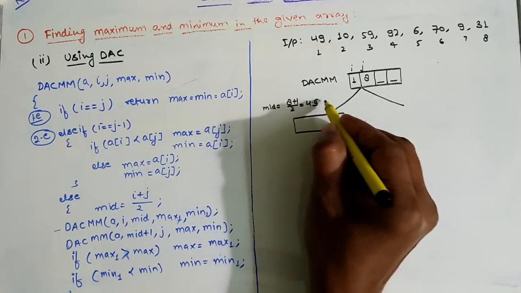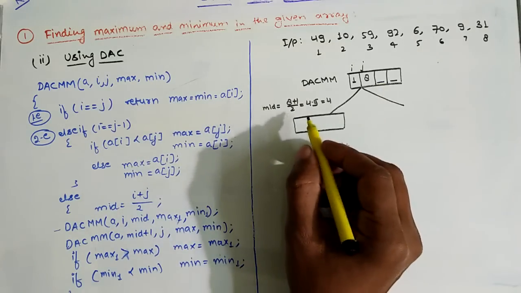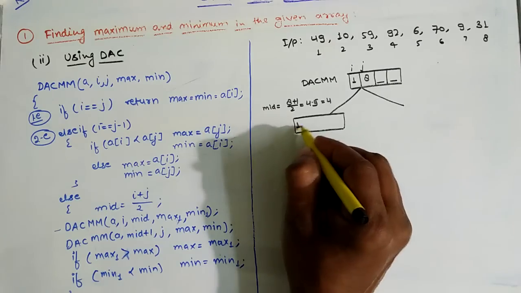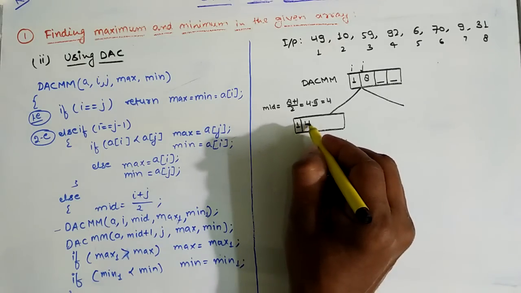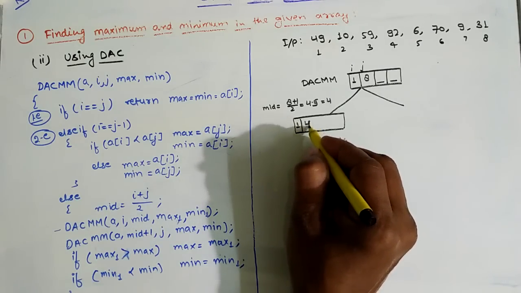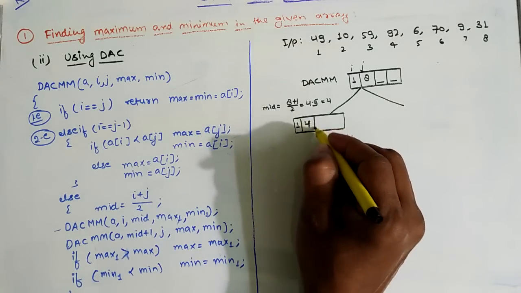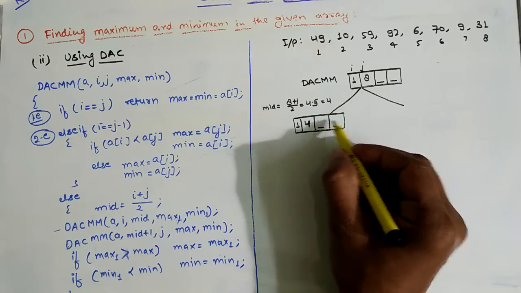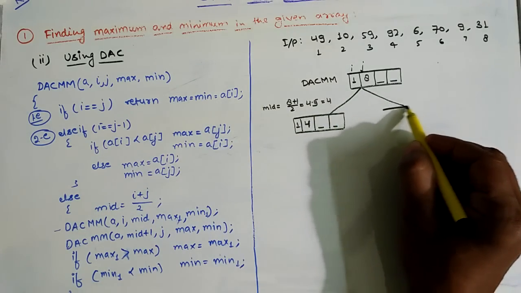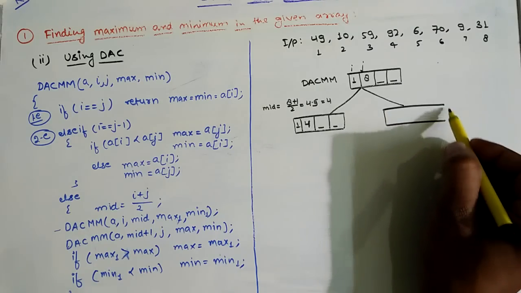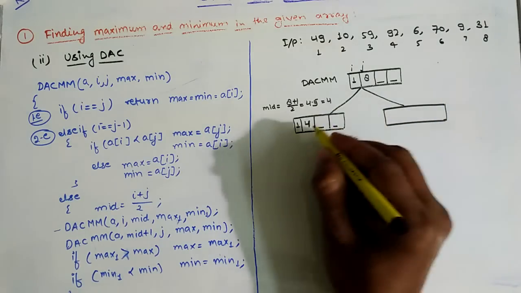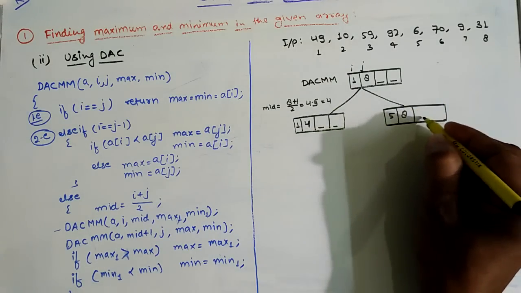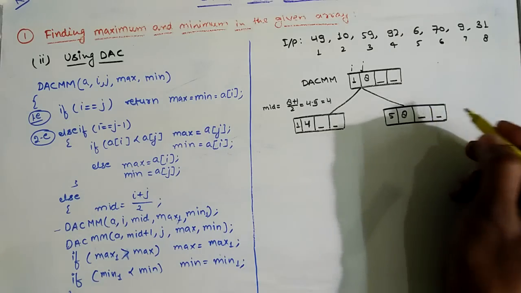Because it is an integer, I consider it as 4. So the left-hand subproblem is from 1 to mid, that is 1 to 4, with empty locations for the max and min. Similarly, on the right-hand side, the subproblem is divided as mid plus 1, meaning 5, to j, meaning 8, with 2 empty locations for the max and min.